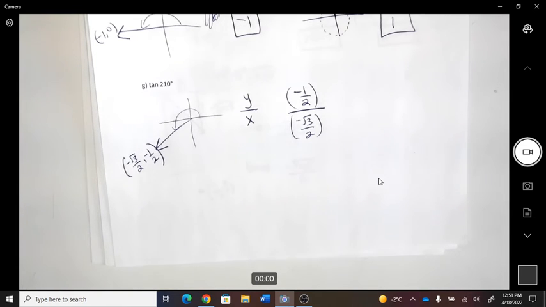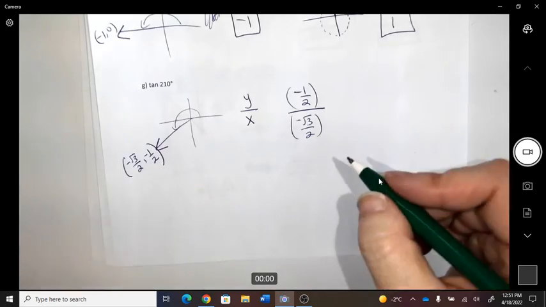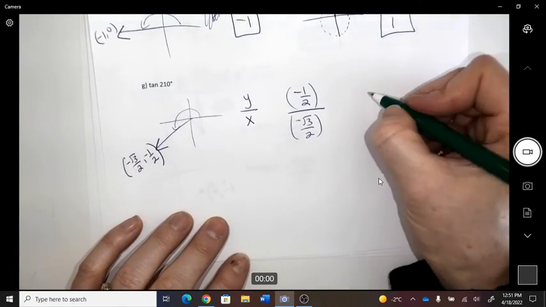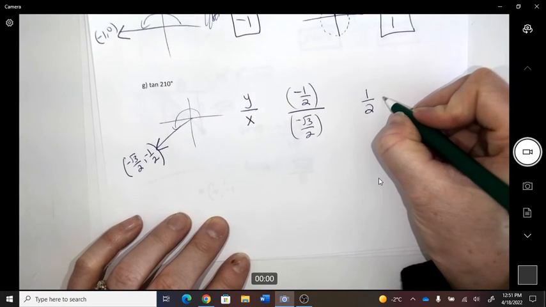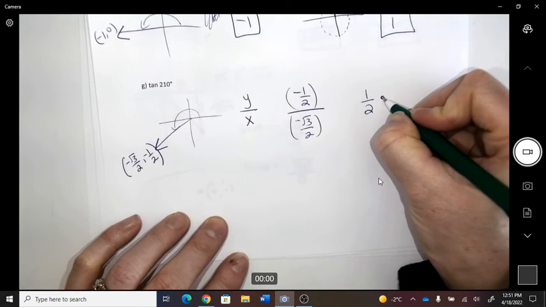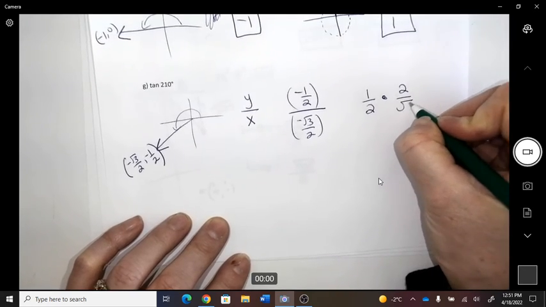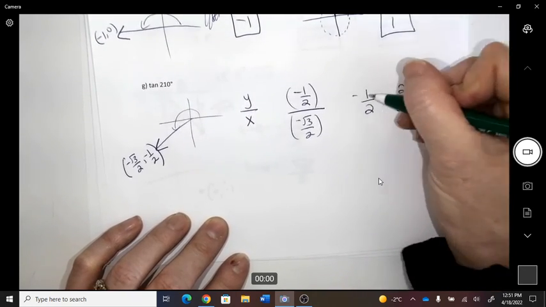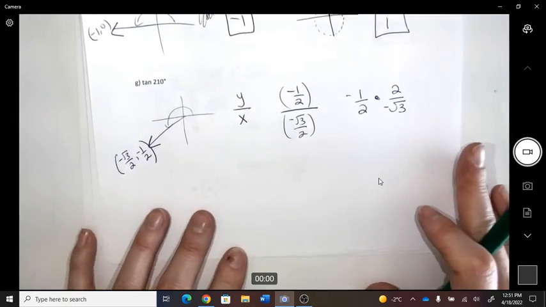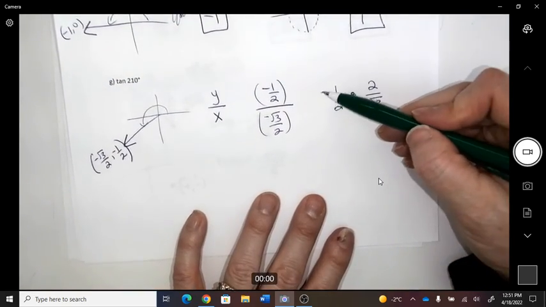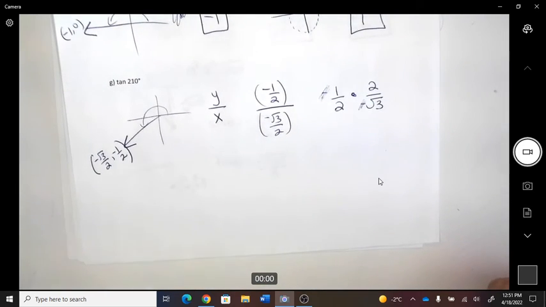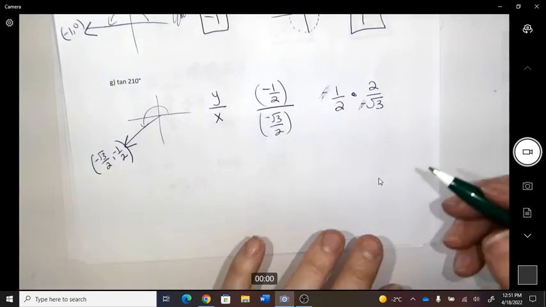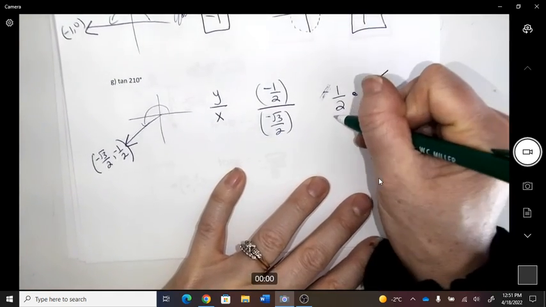Positive or negative? Positive. Positive final answer. Okay, I'm going to do 1/2. Instead of dividing, I'm going to times and flip. Okay, I'm okay if you would have just crossed those negatives out already. That would have been fine because you are understanding that two negatives are going to cancel. Now, do you also see the 2 on the top and the bottom?